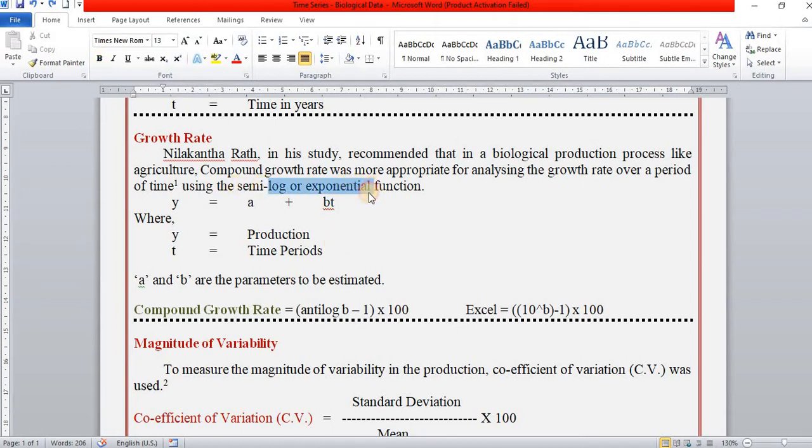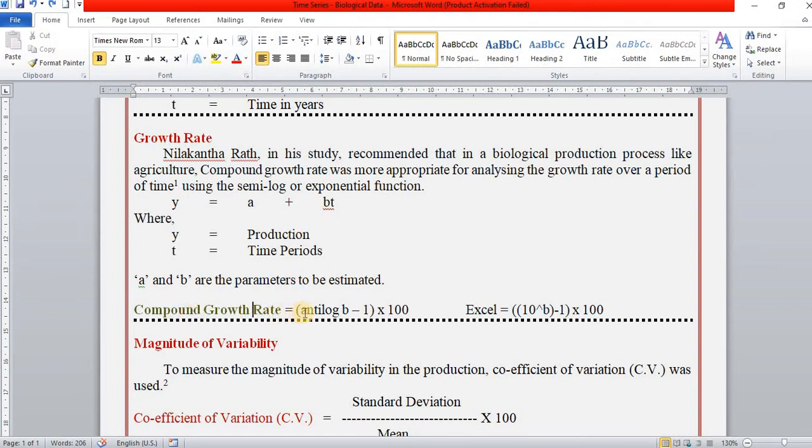Semi-log or exponential function is also similar to trend analysis or simple regression, but the value of production or productivity or the area is converted into log value, then the same thing is applied. Out of the result, we have the value of b, that is slope. The slope is taken to find out the compound growth rate.